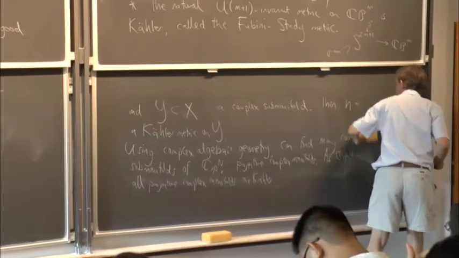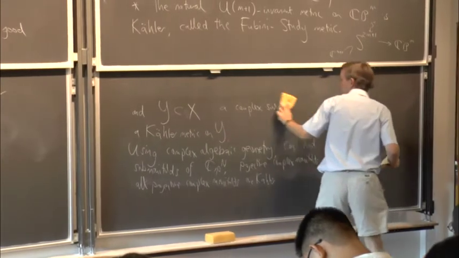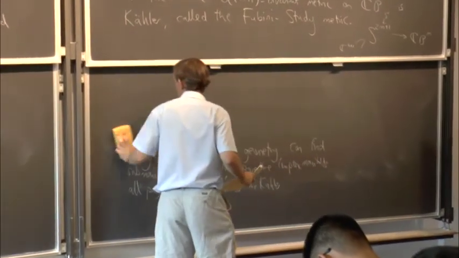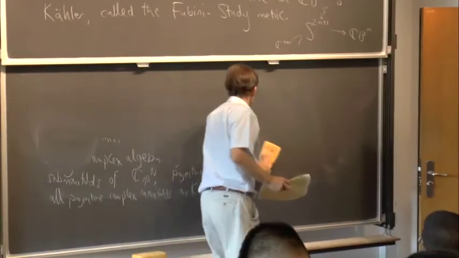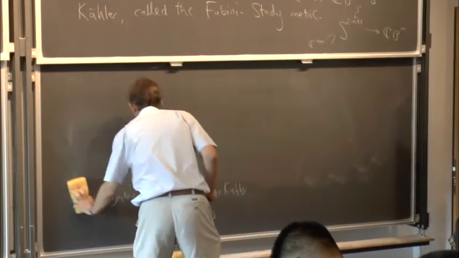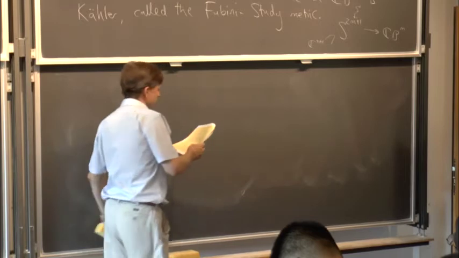Now, there's something special which happens with these operators, d and d bar, and their duals, their adjoints, on Kähler manifolds, which is called the Kähler identities.